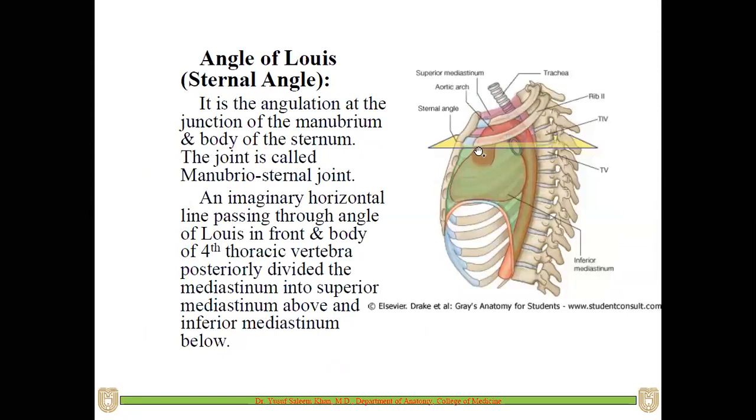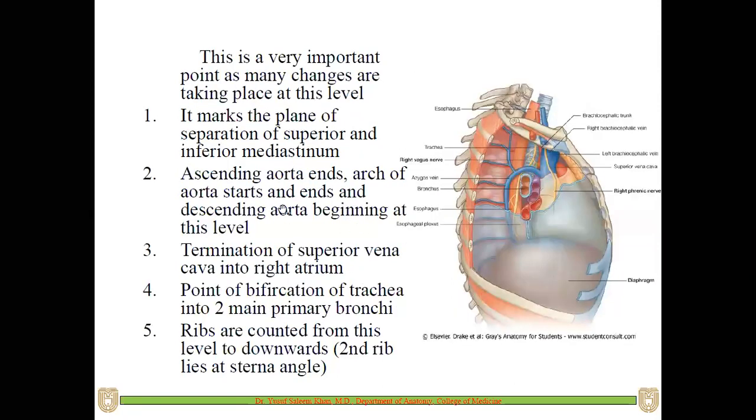The ascending aorta ends at this angle, and then there is the beginning of the arch of aorta, and the end of the arch of aorta is also at the same plane, and the beginning of the descending thoracic aorta. So this is also taking place at the same angle of Lewis. Okay, so that's why this is very important.